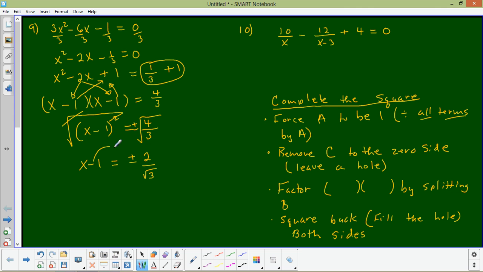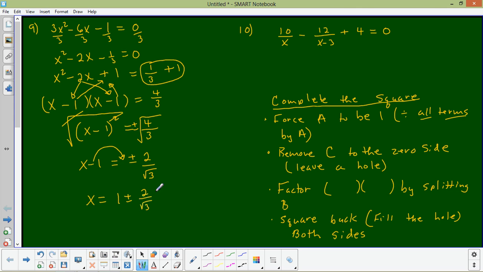And finally, bring the 1 over, and typically you put it in front of the plus minus. You wouldn't have to. You could put it after the fraction if you wanted to, but typically it would get loaded in front. And so our final answer, 1 plus minus 2 over rad 3. Now, if you want to, you can rationalize this denominator.